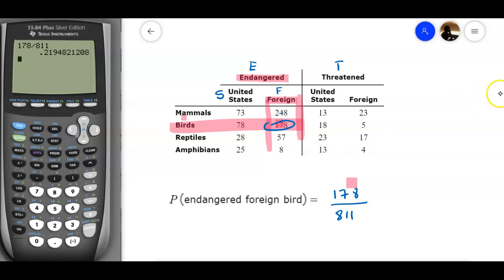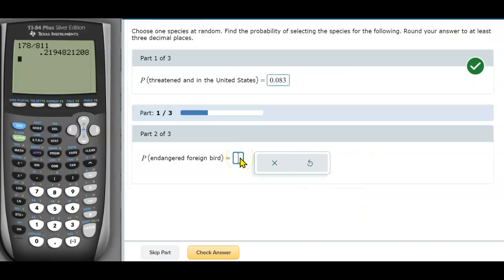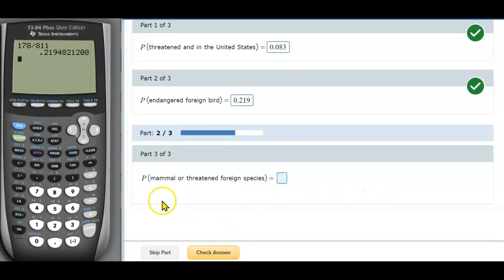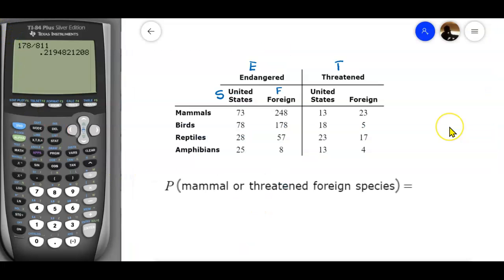So let's plug it in. We need 3 decimal places, so it would be 0.219. All right, great. Now we have the probability of a mammal or threatened foreign species. Let me go to the whiteboard again.